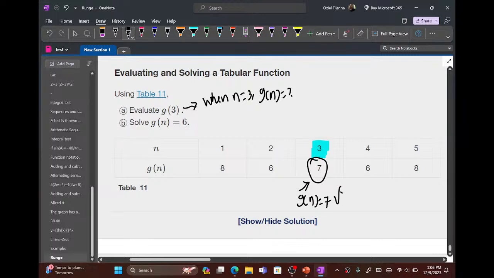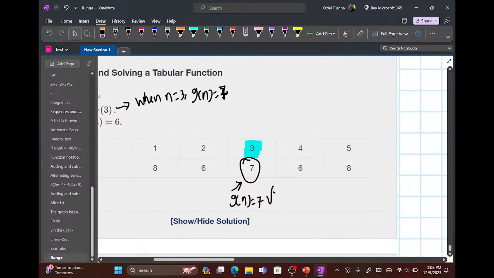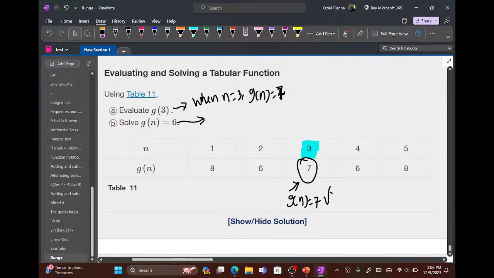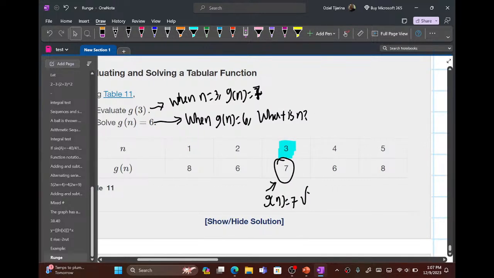So that is part A. So g of n is 7. Okay? That is what that means. Now this part means solve g of n equals 6. So this one means when g of n equals 6, what is n? So we're going to look here for g of n equals 6.